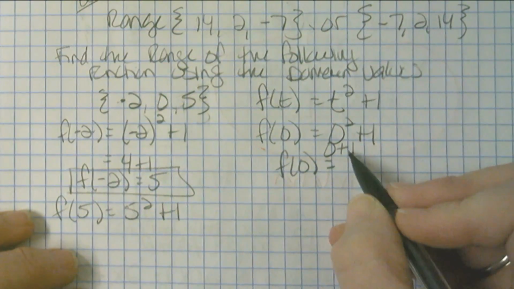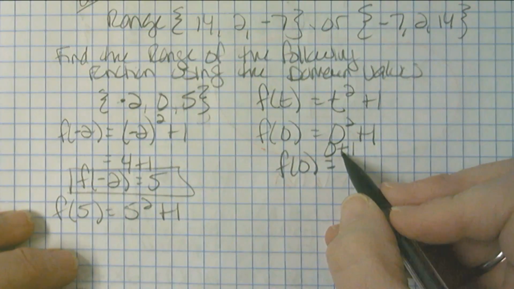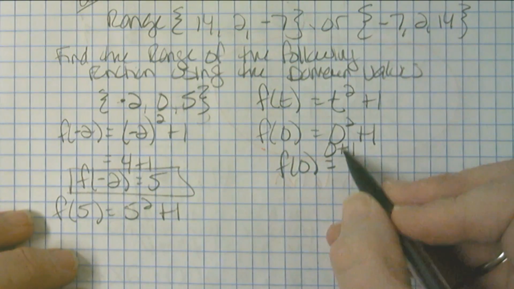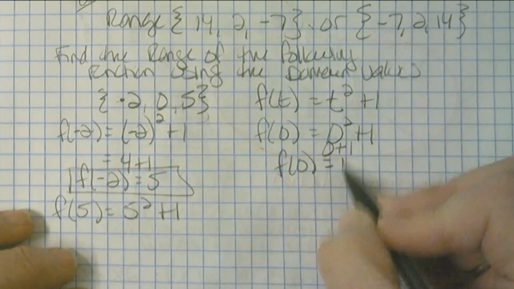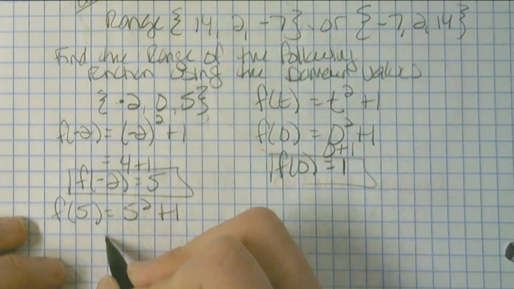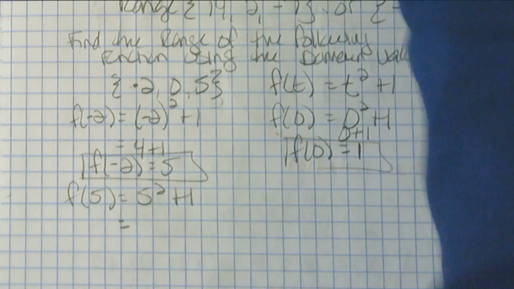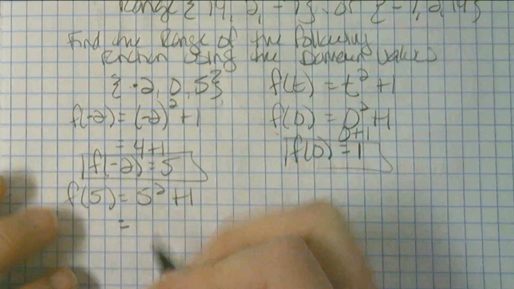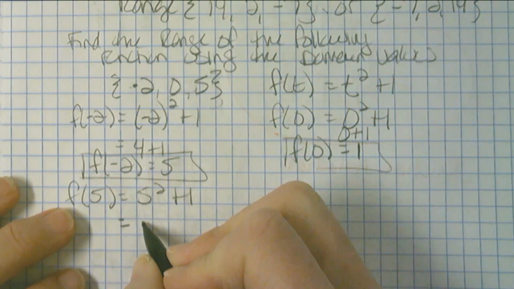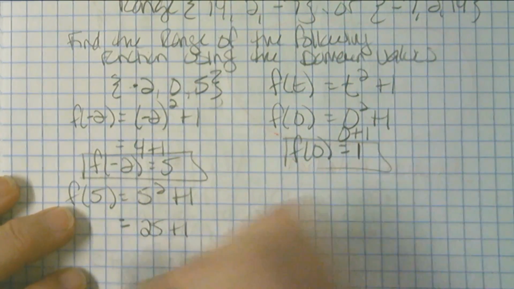So I have, what's 0 squared? 0. So what's f of 0? 1. All right, someone tell me what to do for f of 5. Go ahead. 25 plus 1. So what's f of 5?